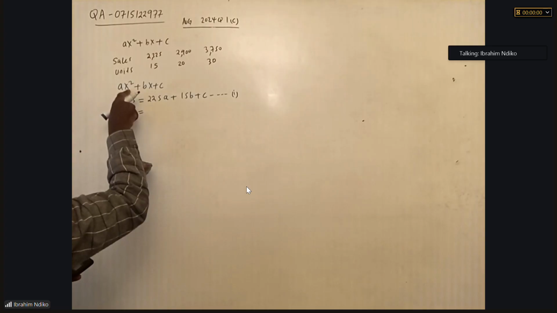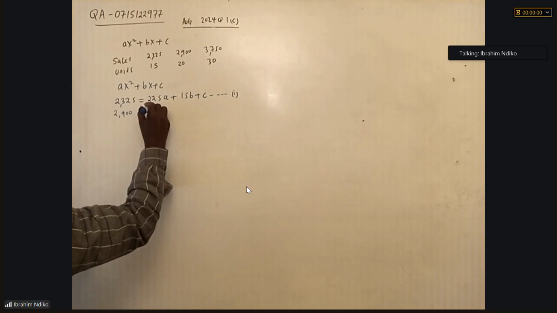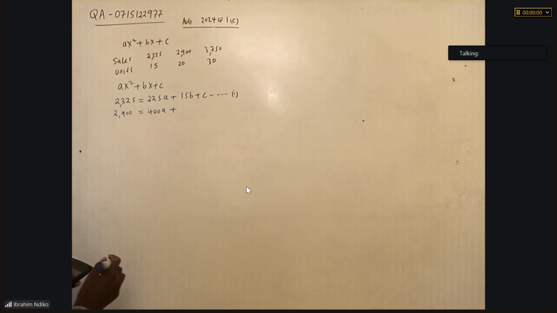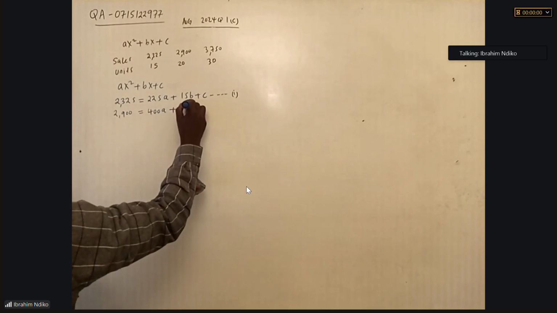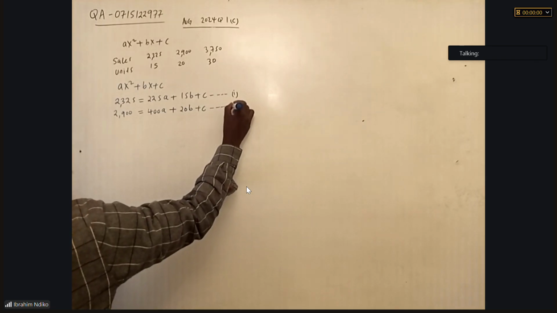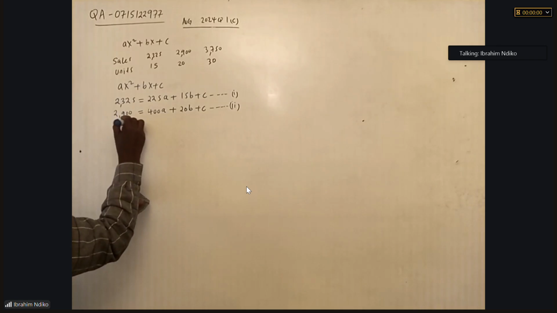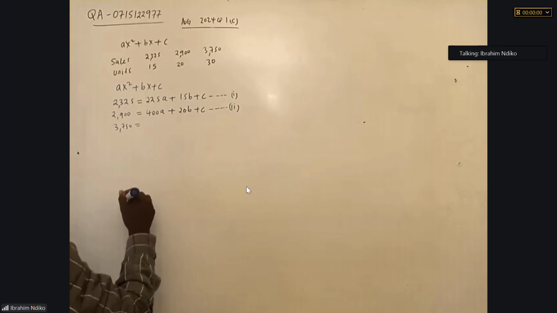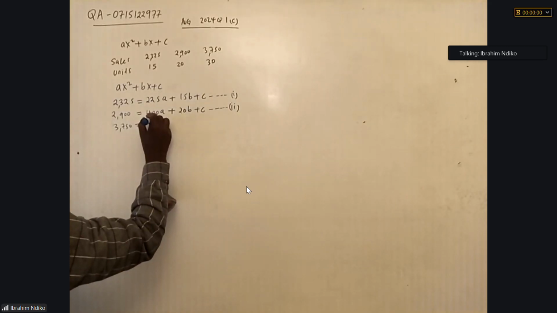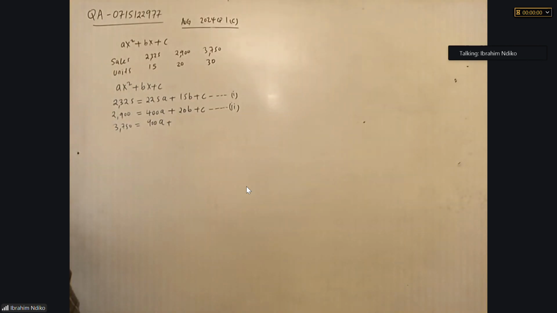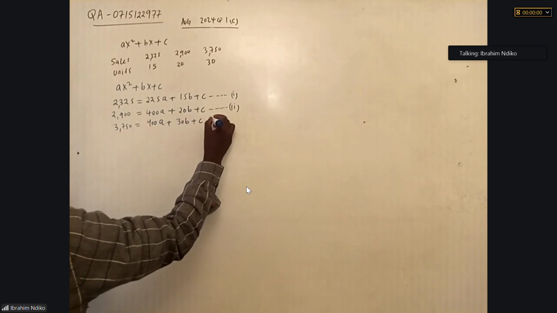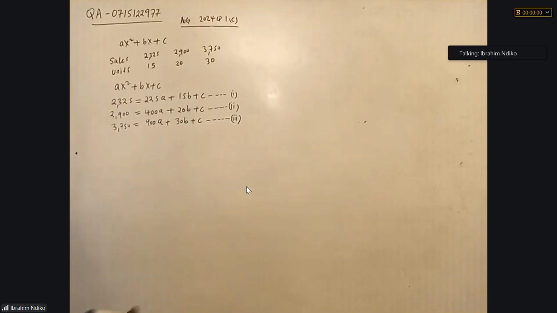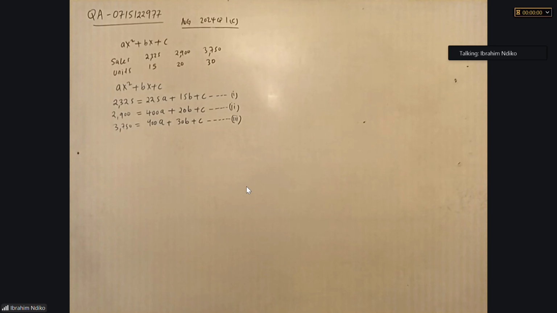We do not know A, but 20 squared is 400A, plus 20B plus C. Then when the sales is 750, we do not know A, but we know X is 30, so 30 times 30 is 900A, plus 30B plus C. So we need to find the values of A, B, and C.